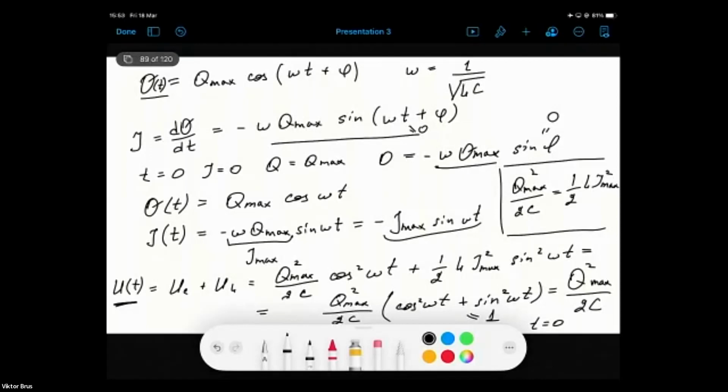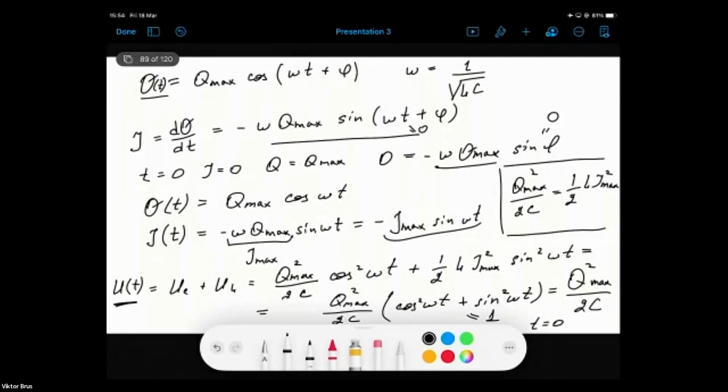We have shown that in the absence of electrical resistance in such circuits, total energy remains constant, and we have only periodic transformation of electric field energy into magnetic field energy back and forth, and also derived equations for time dependence of electric charge at the plates of the capacitor and of electric current flowing through such LC circuit.